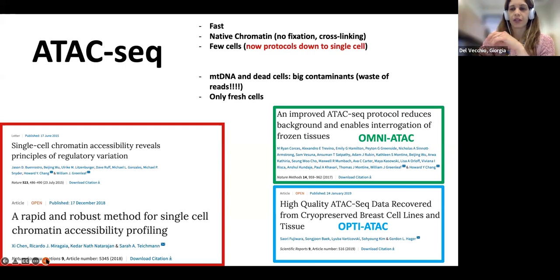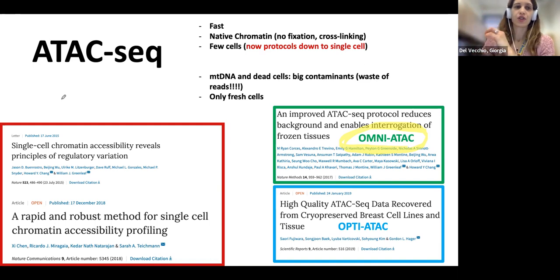Anyway, this Omni ATAC protocol is an improved protocol compared to the old one, and it can also work with frozen tissue, frozen cells, or low quality starting material.